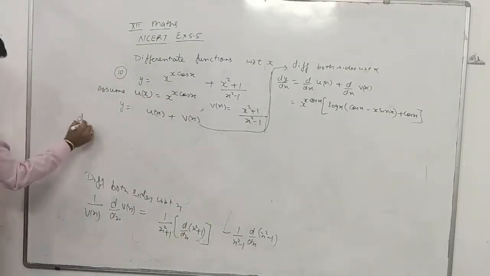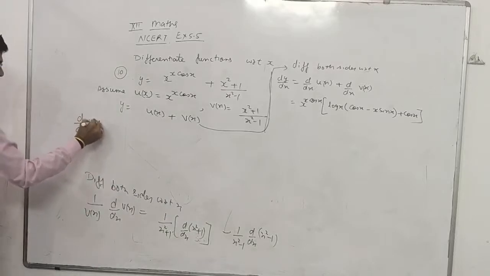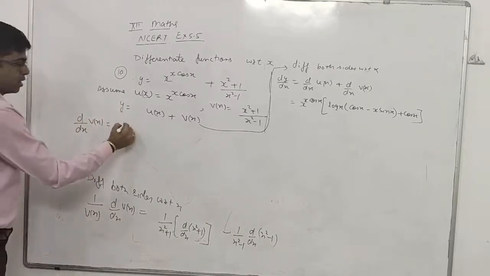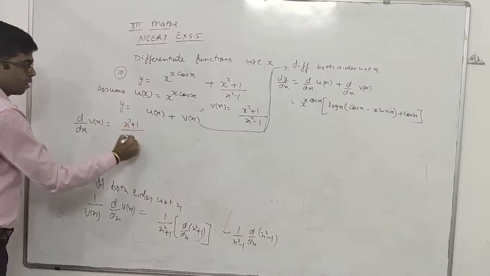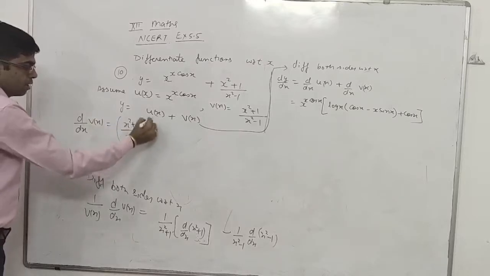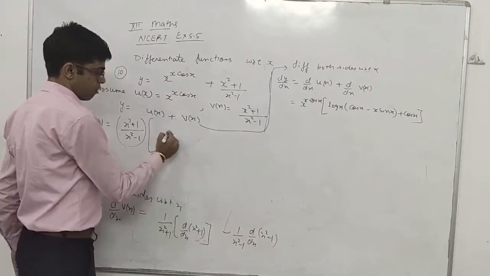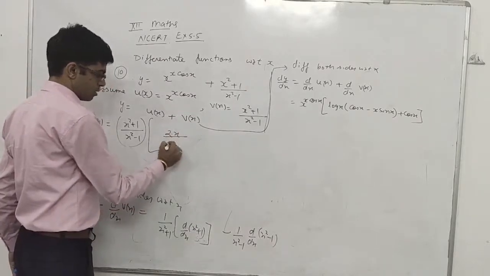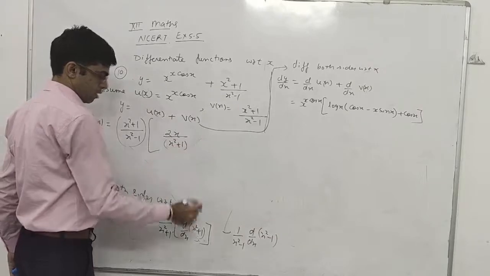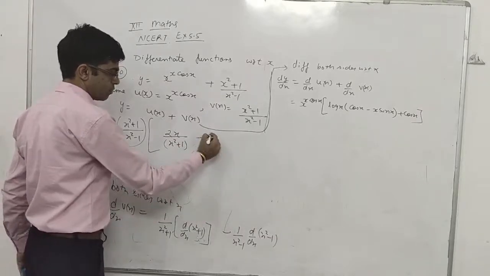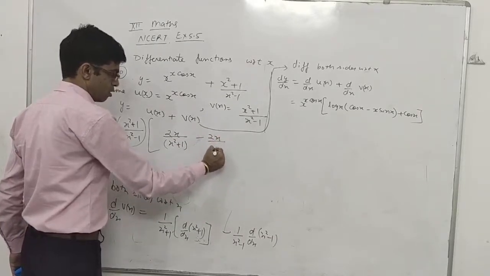So d by dx of v(x) function, v(x) is (x square plus 1) upon (x square minus 1). Differentiation of x square is 2x. Differentiation of x square minus 1 is again 2x.